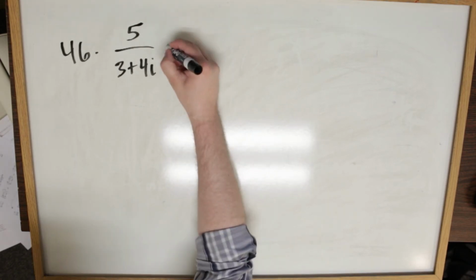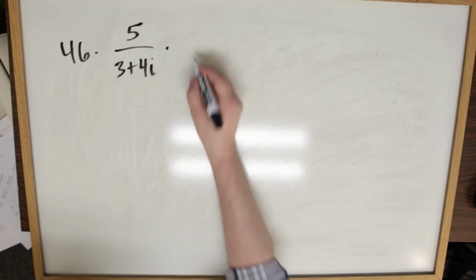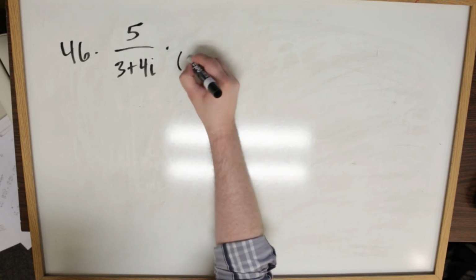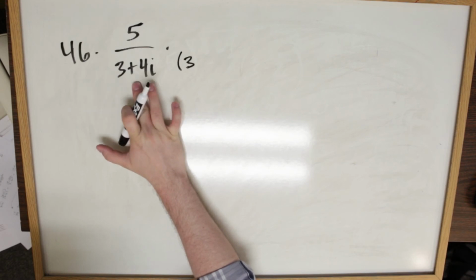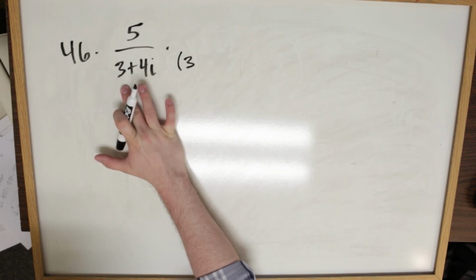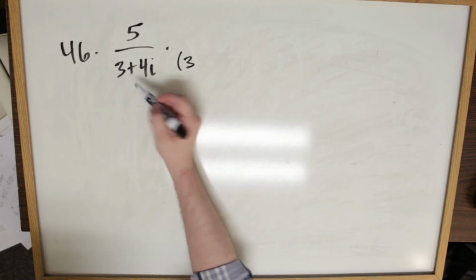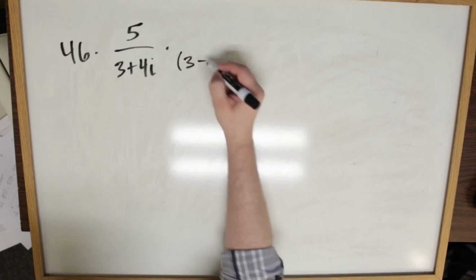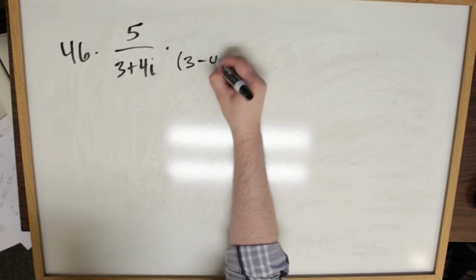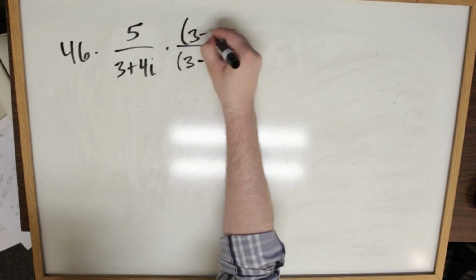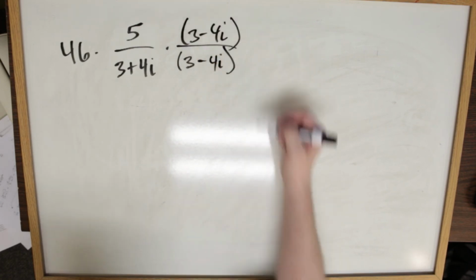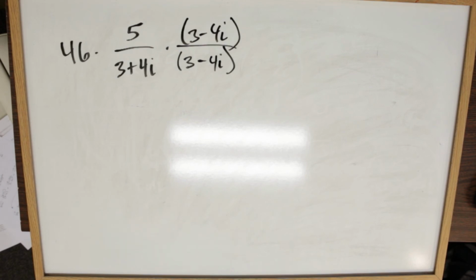So what we're going to do is this little sleight of hand. It's a little trick here. You look at the denominator, the complex number, and you multiply it by the exact same thing, but you flip that middle sign. So this is going to be a 3 minus 4i. Okay? And I do the same thing on the top. Now, think about it like this.